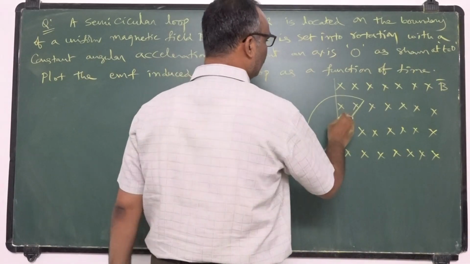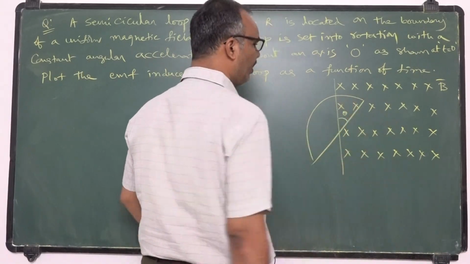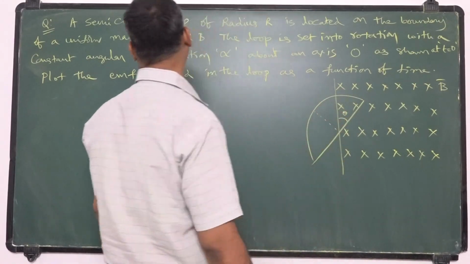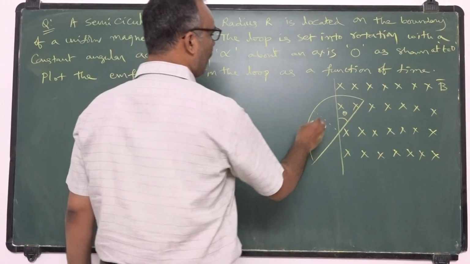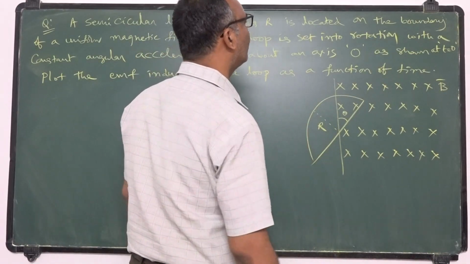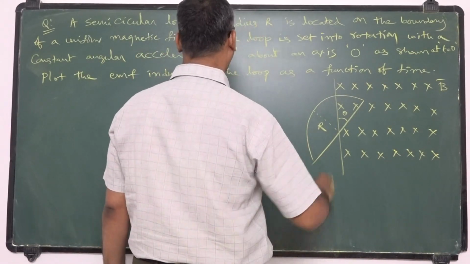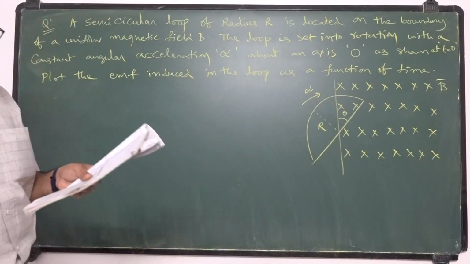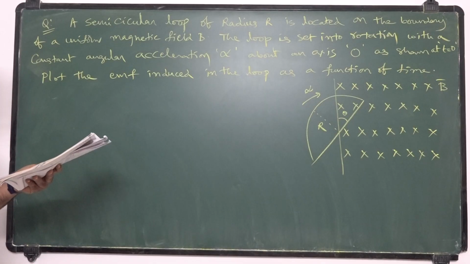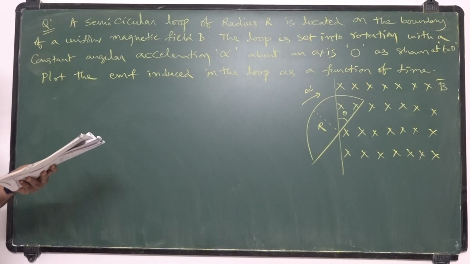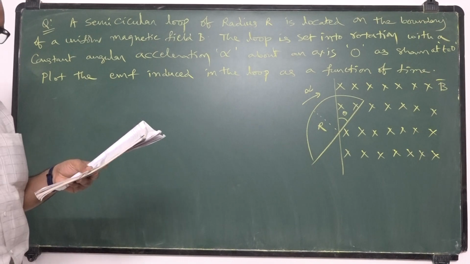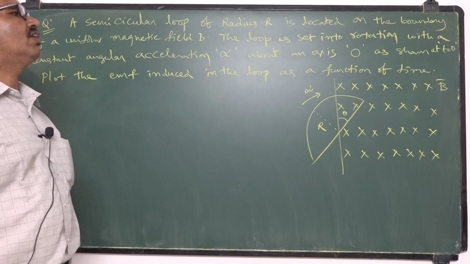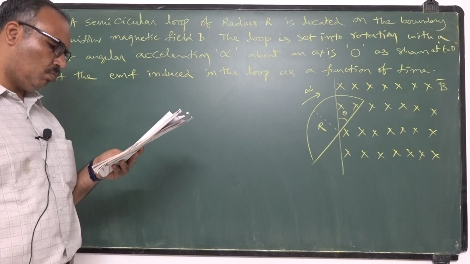It is theta angle into the field. Remaining portion is out of the field. Its radius r is given. It is going to rotate with constant angular acceleration alpha. Now the question is the graph between induced EMF in the loop as a function of time. So first of all, let me calculate what is the EMF induced in the loop.